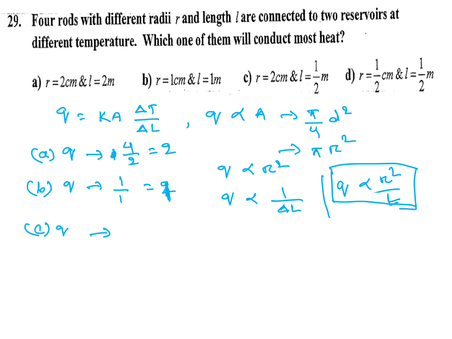So C, R square is 4 divided by L, 1 by 2, so it will multiply. It's 8. R square 1 by 2 square is 1 by 4 into L is divided by 1 by 2. So in C, its Q is maximum, 8. 8 is maximum. So C is the answer.